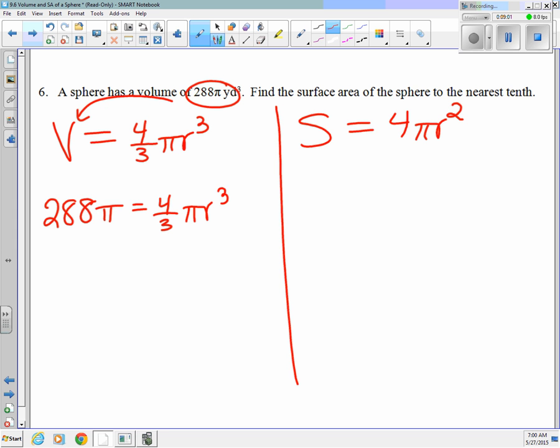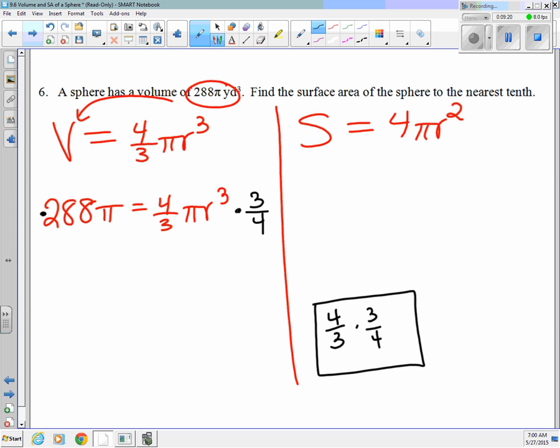Well, this fraction is very obnoxious, the 4/3. So what I can do is multiply both sides by the reciprocal of that fraction, which is 3/4. Because let's think about this for a second. I'm just going to do a little work on the side here. If I have 4/3 times 3/4, the way you usually multiply fractions across the page, 4 times 3 is 12, and 3 times 4 is 12, and 12/12 is 1.